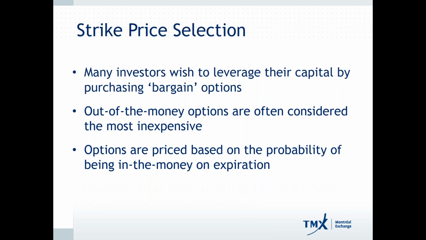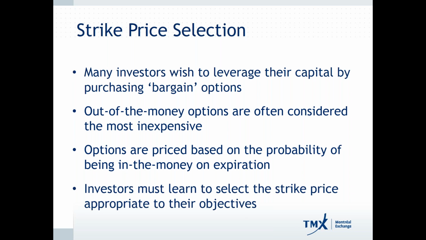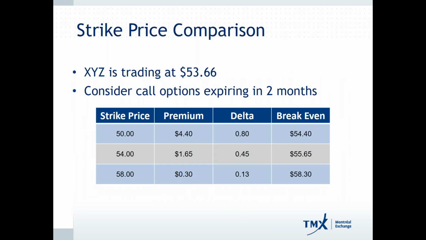So you have to step back and ask yourself, what is the right way of doing this? I always say investors must learn to select the strike prices appropriate to their objectives. You want to ask yourself, what do I want, and what is the option that gives me the best chance of participating in that opportunity?